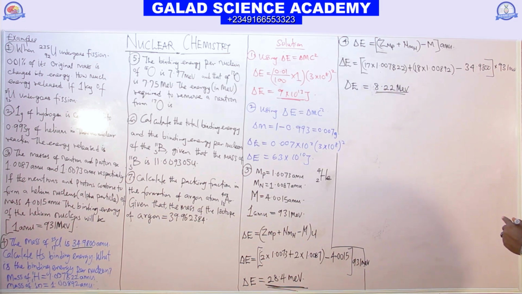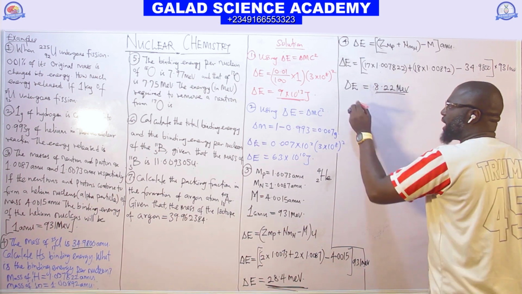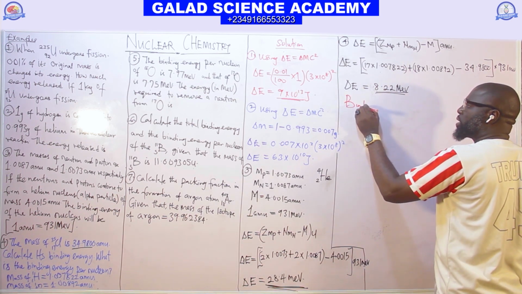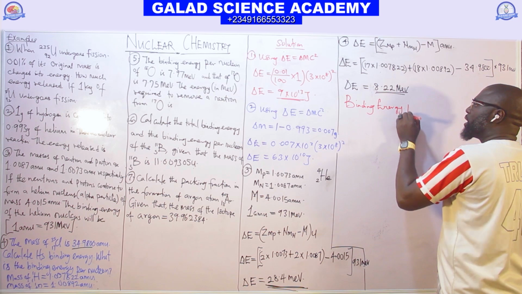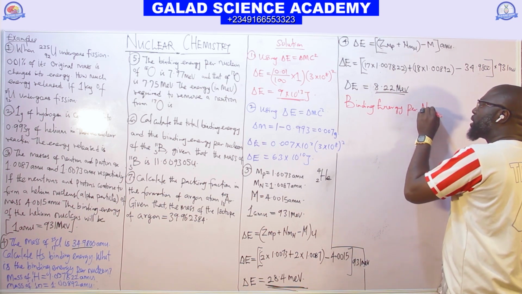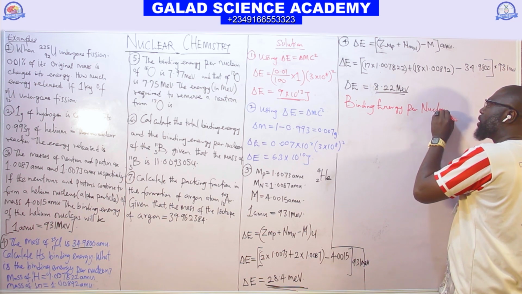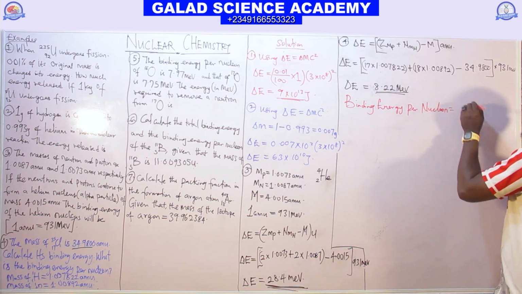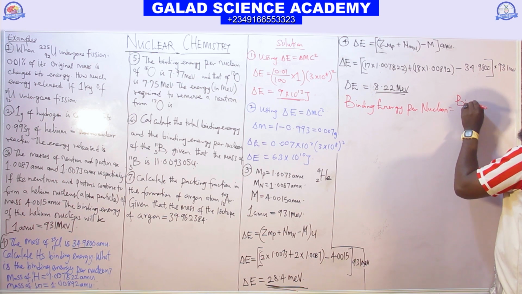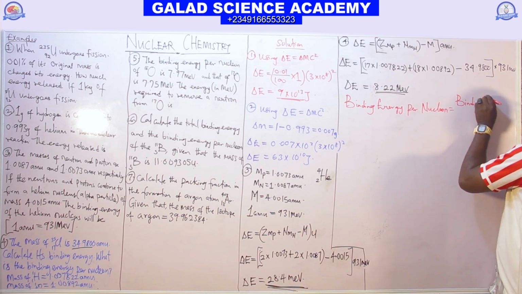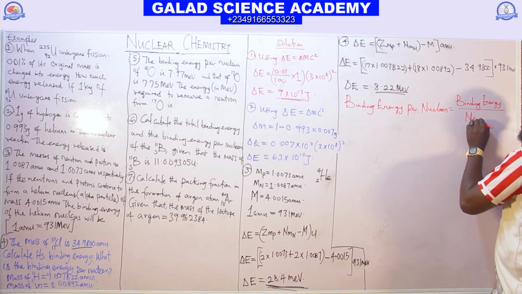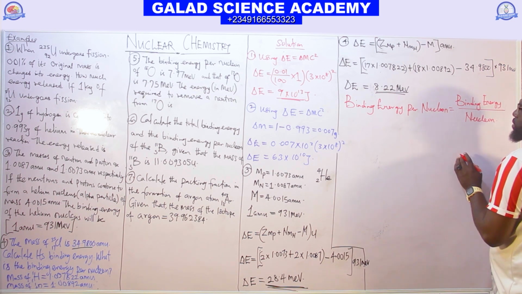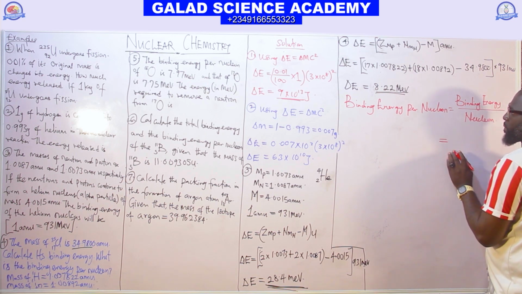But to know the binding energy per nucleon, it will be the binding energy over the number of nucleons.